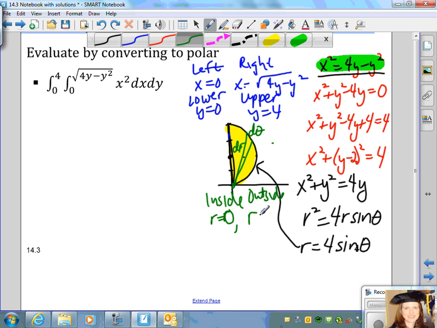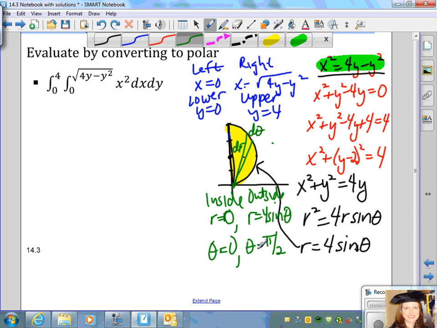So the outside r of that circle is equal to 4 sine theta. And then we need to determine the bounds for our angle theta. Our smallest angle theta would be theta is equal to 0, and then our largest angle theta would be theta is equal to pi over 2.